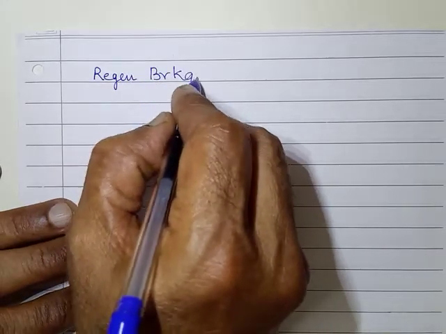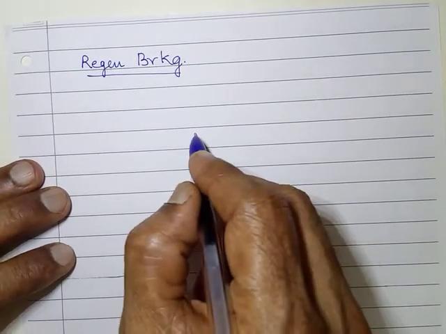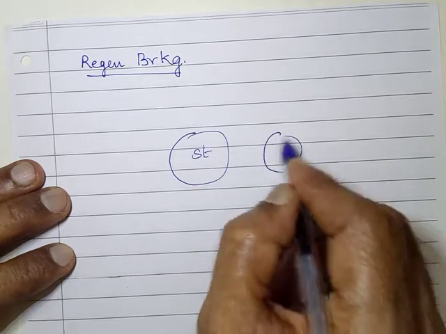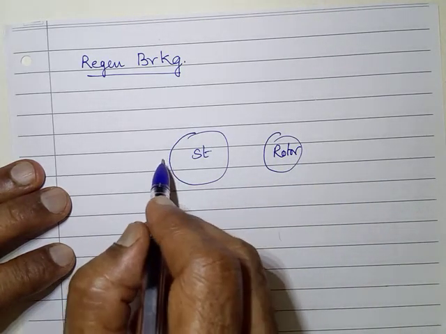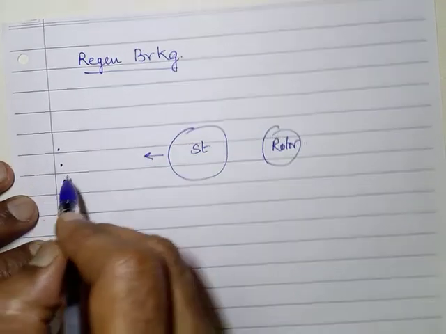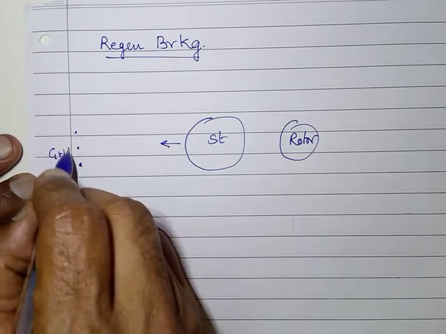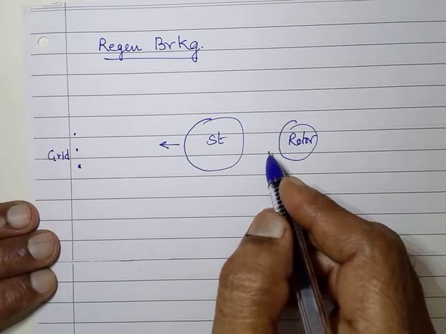In regenerative braking, we have the stator, we have the rotor, and from this stator we will have to feed back the energy to the grid. This is the grid.